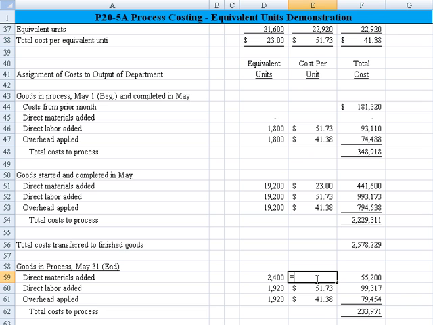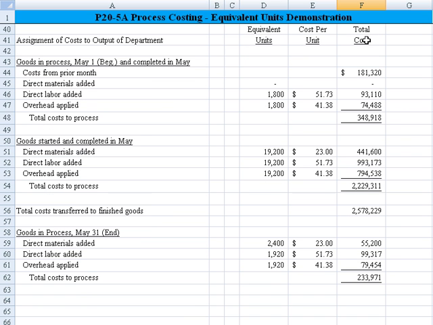In fact, to be consistent, I will go back and pull it from the source rather than from a secondary source. And then of course it multiplies across, which it's already done. I'm just hitting the F2 key so you can see the formula. Take the cell of D61 times E61, and we have in this area $233,971.